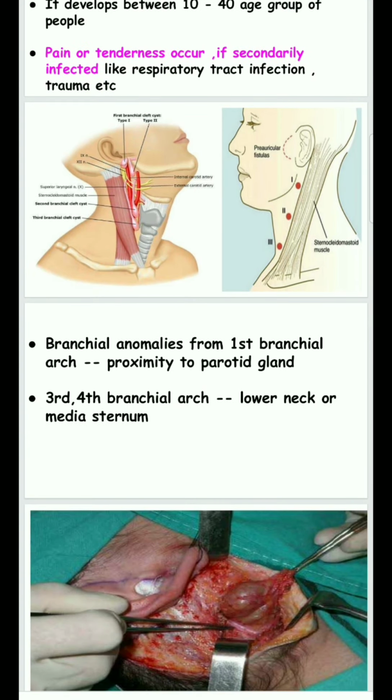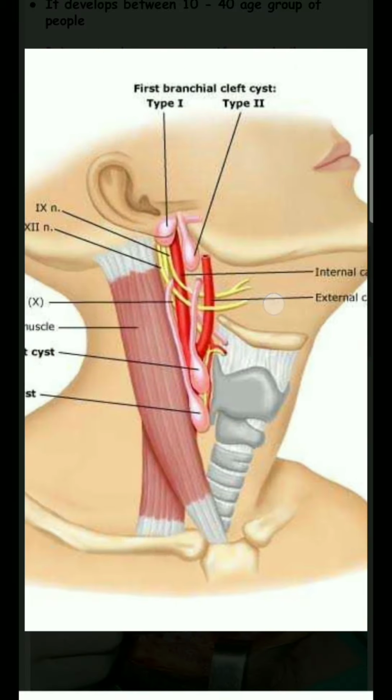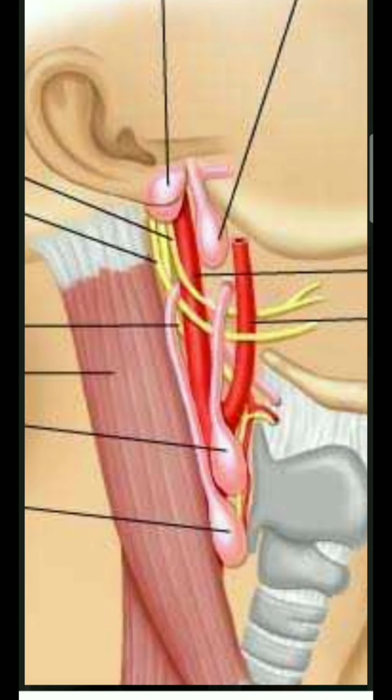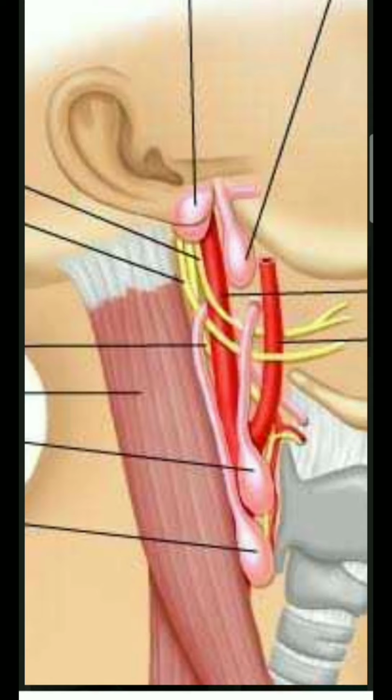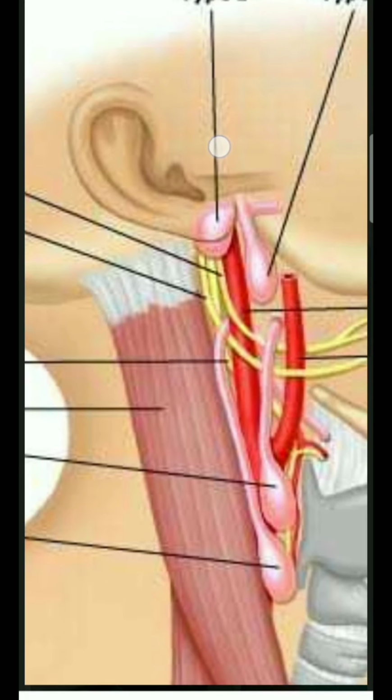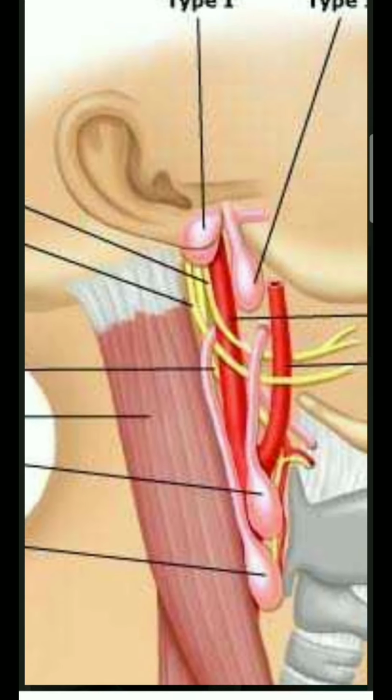Branchial abnormalities arising from the first pharyngeal arch are in proximity to the parotid gland.